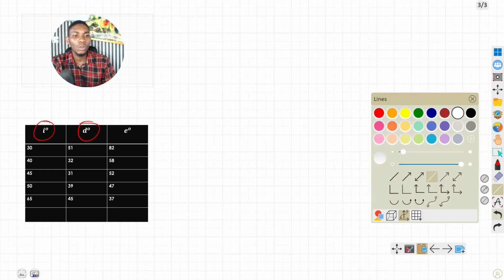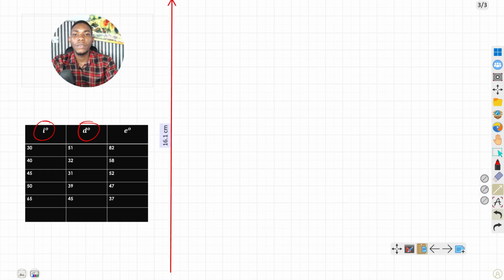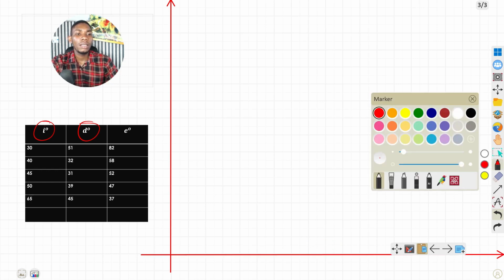First of all, we have to draw a straight line to represent our axis. As a matter of fact, this is going to give us a curve. Have it at the back of your mind that the graph you are going to get is a curved graph.